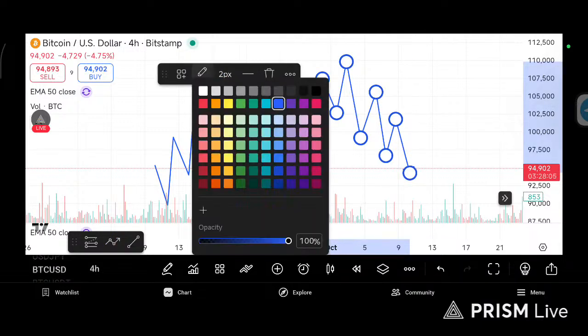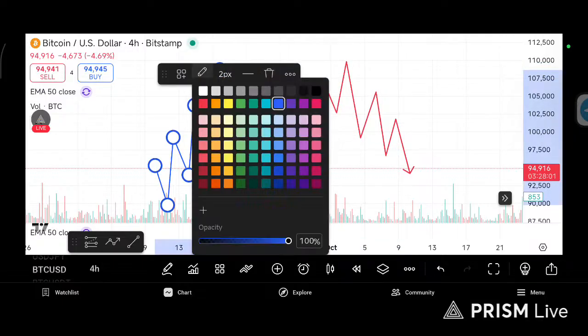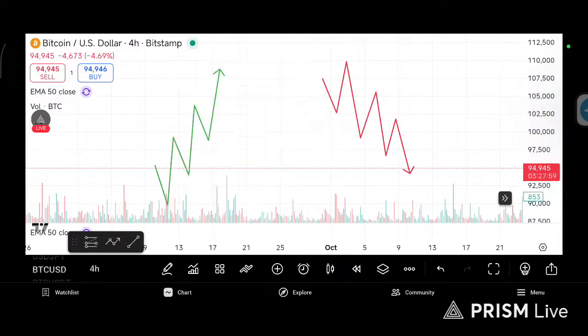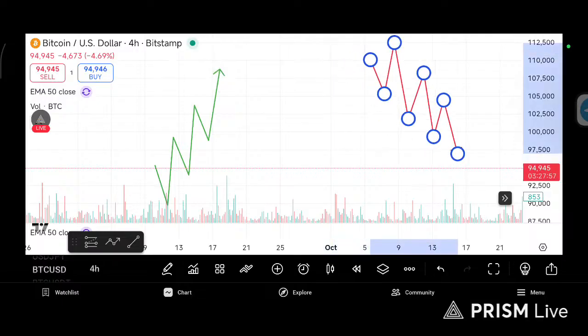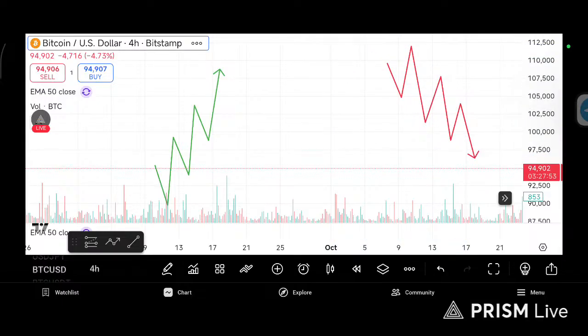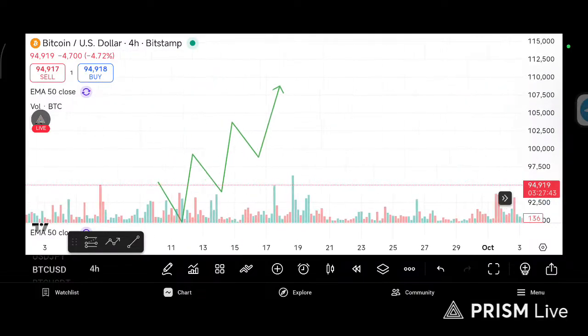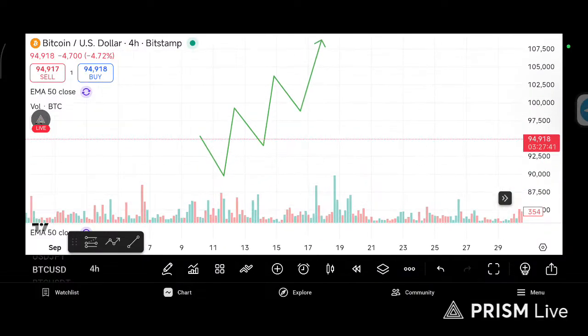So guys, the red one is what we call the downtrend. I'm going in a downtrend manner, and this other one is an uptrend manner. So break of structure here, you see this was a higher high, higher low. I hope you can see what I'm doing.